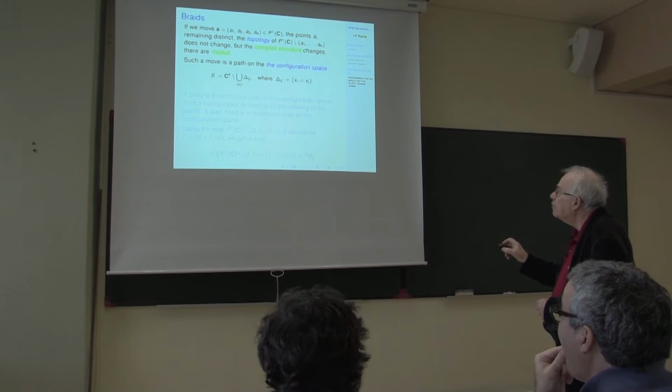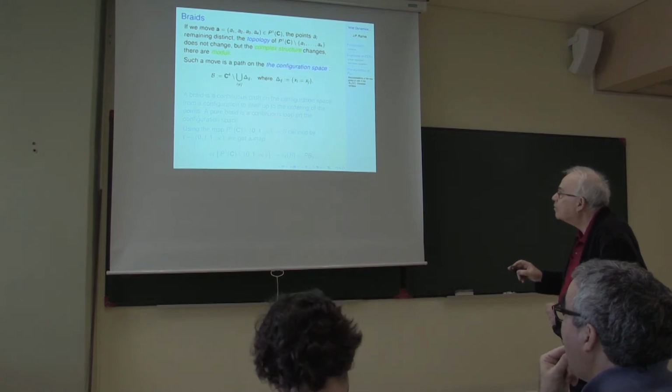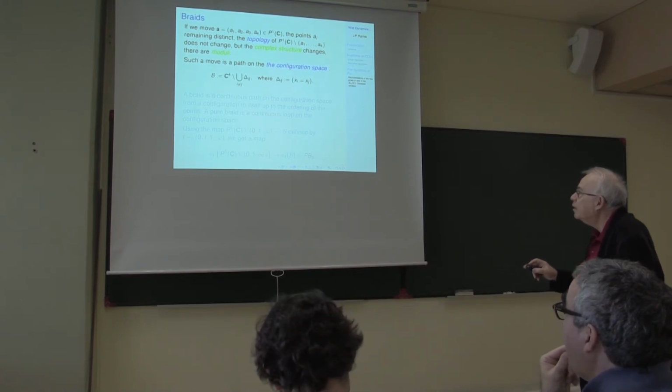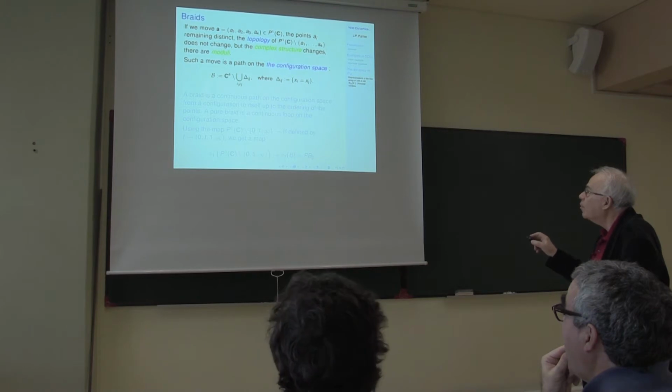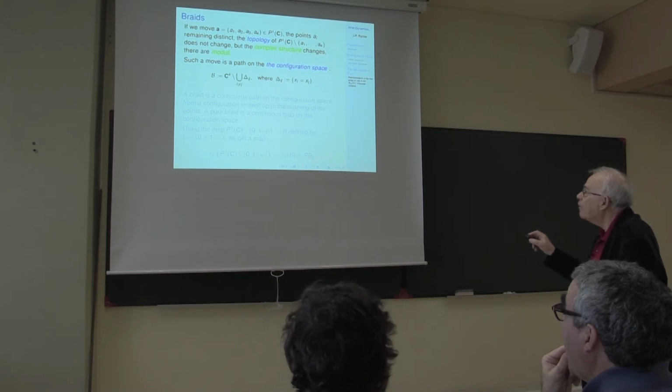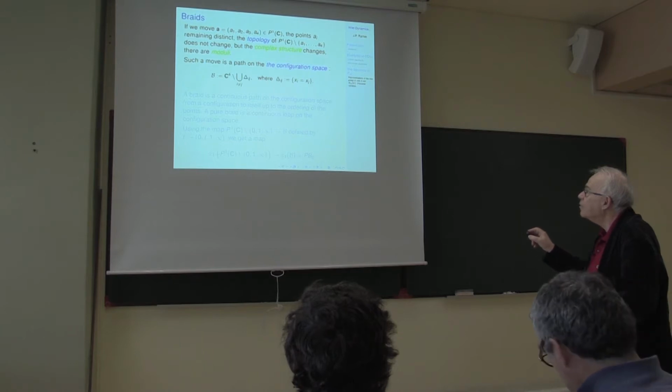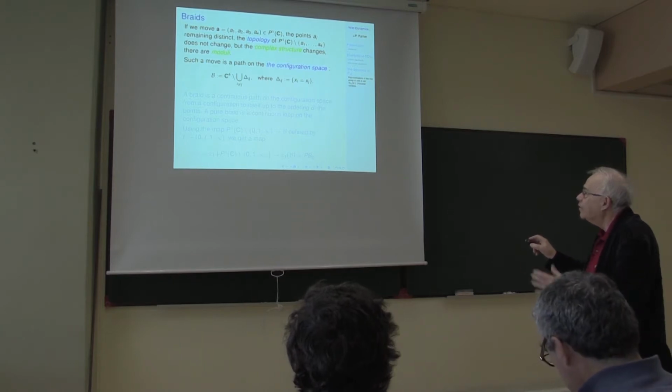Okay, just some words about braids. Now I take a more general case, I take the 4 punctures. These points are 2 by 2 distinct. Before it was 0, T, 1, infinity, so this is the general case. And then you can move these points.